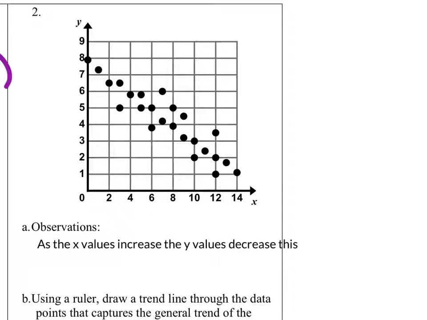This will give us what type of slope? Negative. Negative slope. Spelling's hard. There we go.